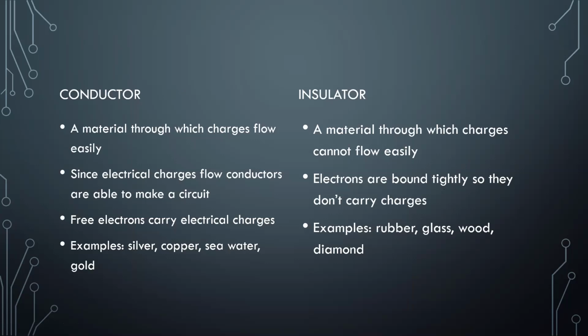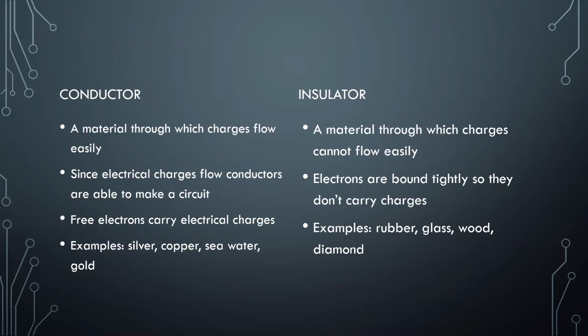On the periodic table, these are materials that have free electrons that flow easily, and we all know that electrons have what kind of charge? Negative charge. Good. So they're going to carry those electrical charges.